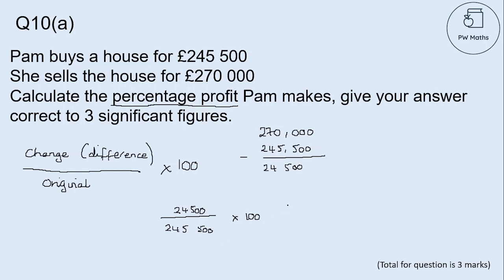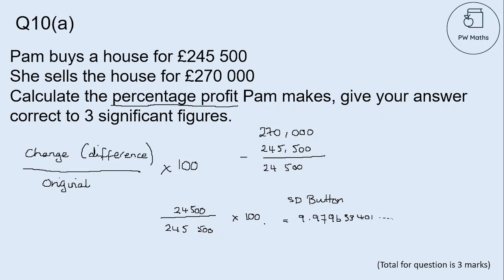You might have to push the S to D button here, and your calculator should say it's 9.979633401. I would always write out my entire calculator display for the examiner, just in case something goes wrong when we're putting it into our significant figures.